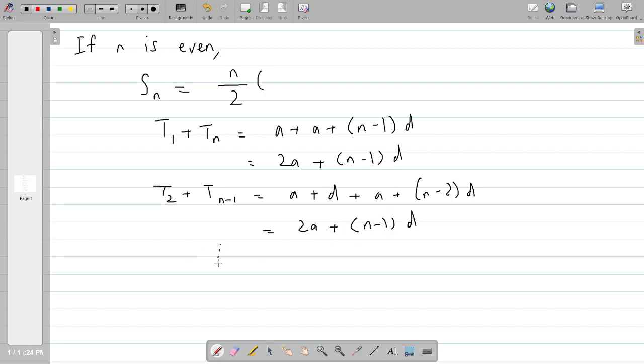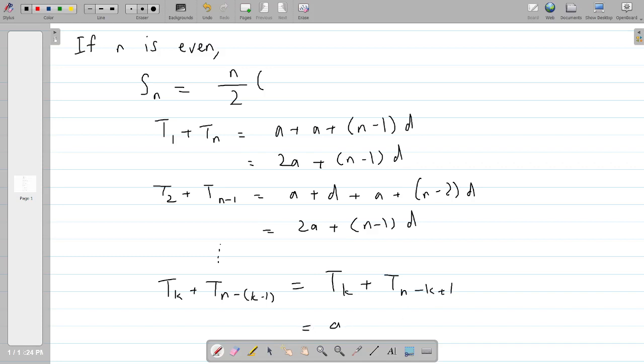So in fact, in general, if we see t of some k plus t of n minus, well, this number is going to be 1 less than k, so it's going to be k minus 1, right? Which is in fact equal to tk plus t of n minus k plus 1.